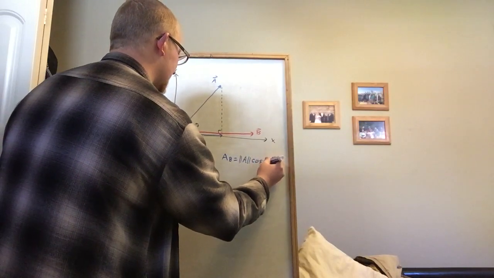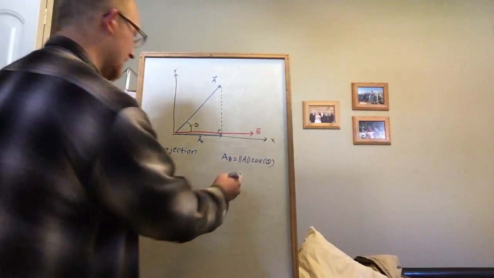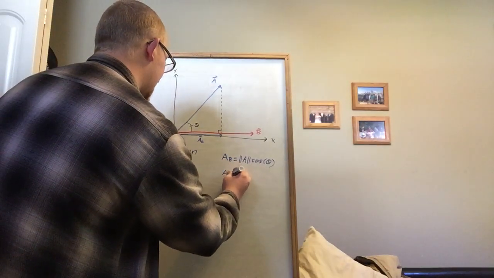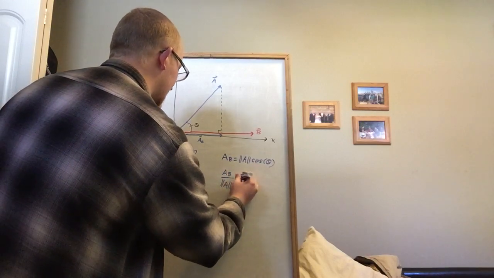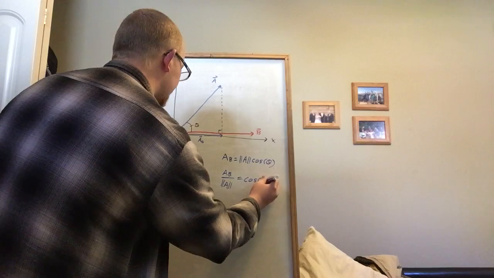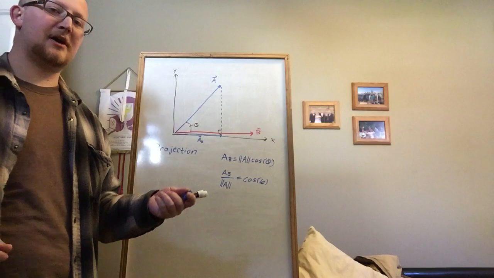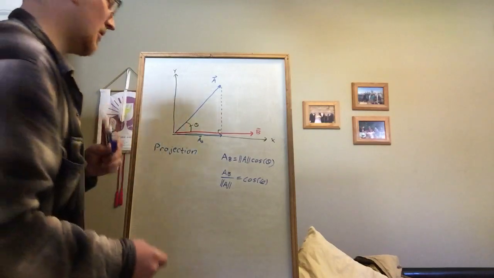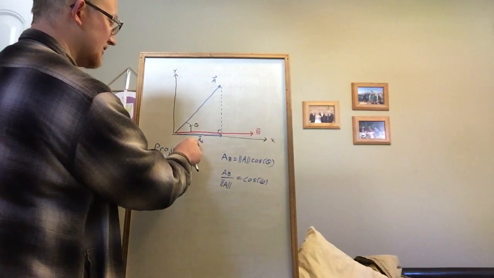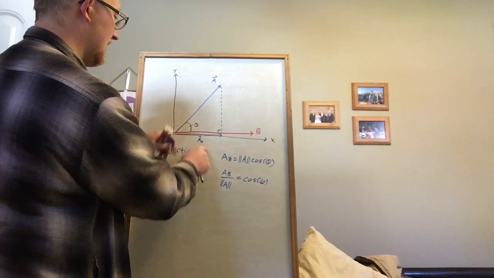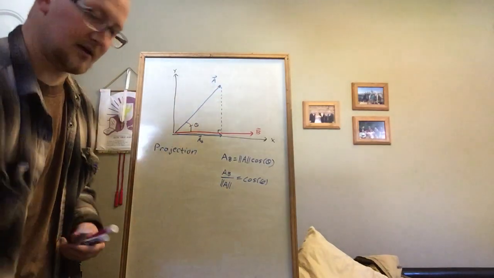To prove it one step further, if I divided the magnitude of A over to this side, we would have A sub B divided by the magnitude of A equals cosine theta. We know that cosine is a ratio between the adjacent and the hypotenuse. Here's our A sub B, that's our adjacent, and here's our A, that's our hypotenuse. So this does check out.